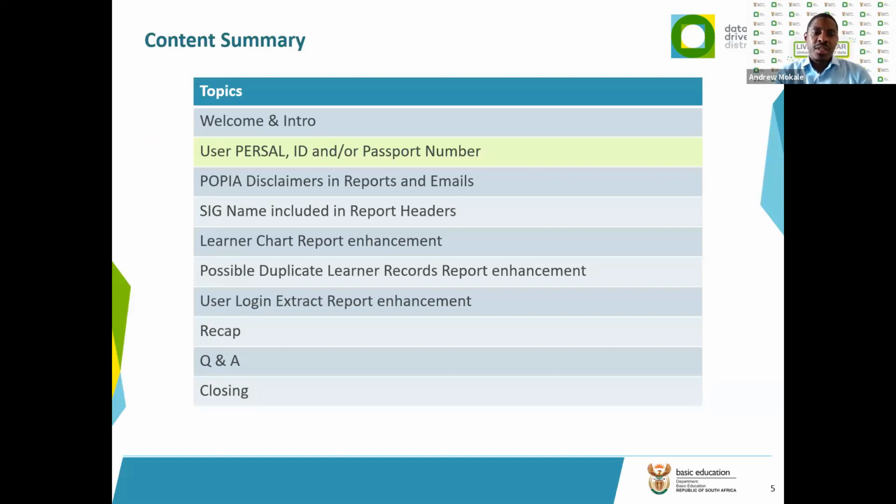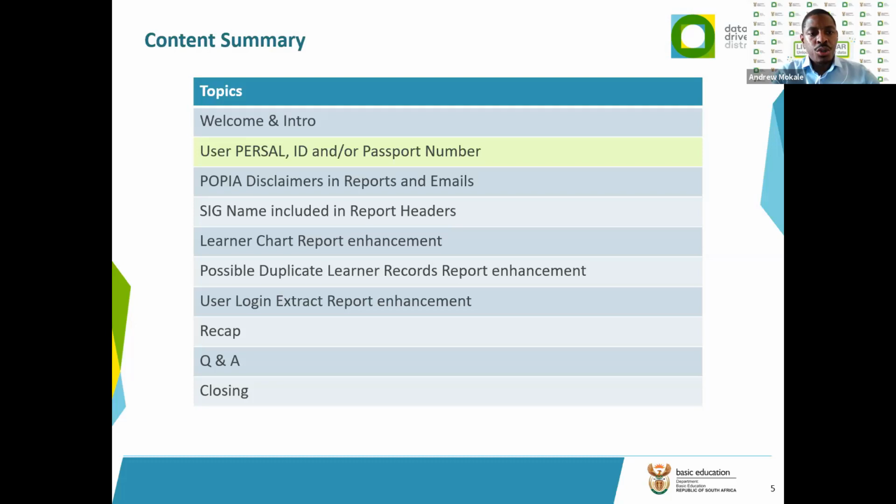So today I'll be just giving you a highlight of the new features in the Dashboard Release 3 that went live yesterday evening. And as we can see here in the topics for the day, we've got user Persal ID and or passport number. That's the one that we'll be kicking off with. And then we'll head into POPIA disclaimers and reports and emails.